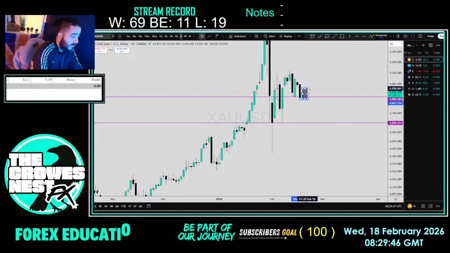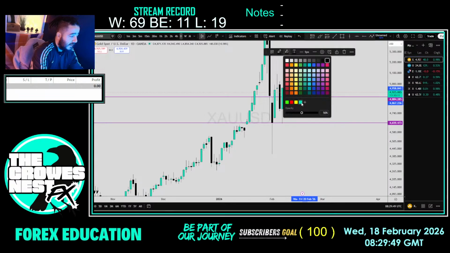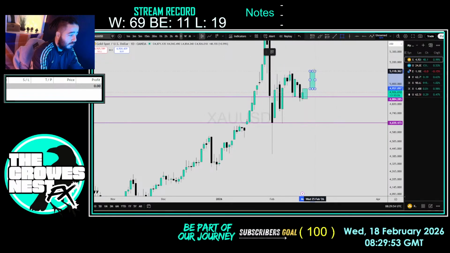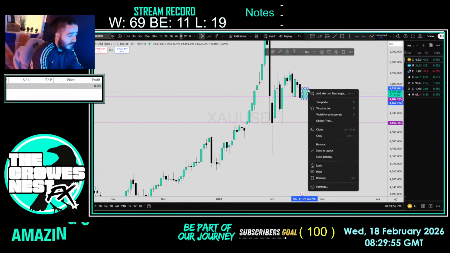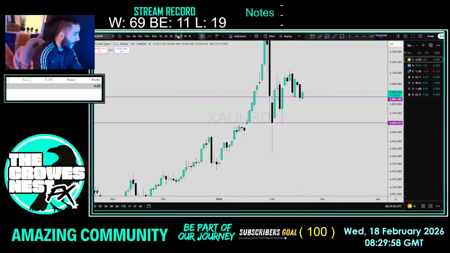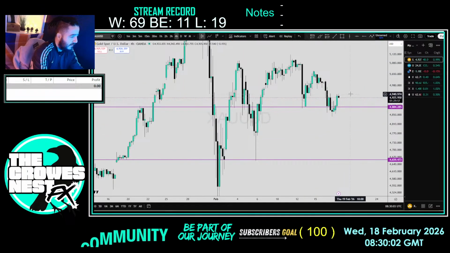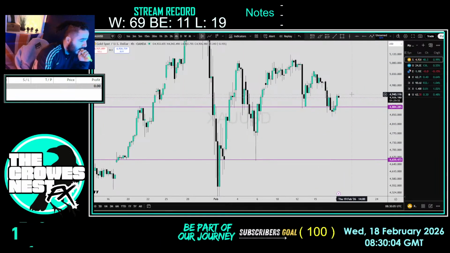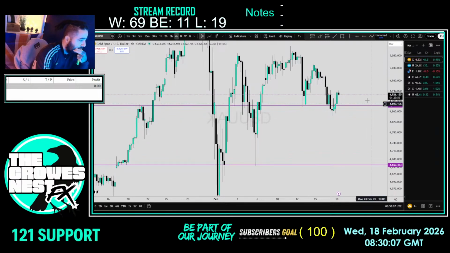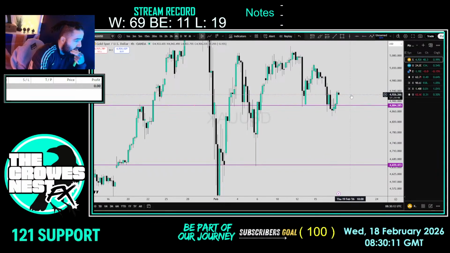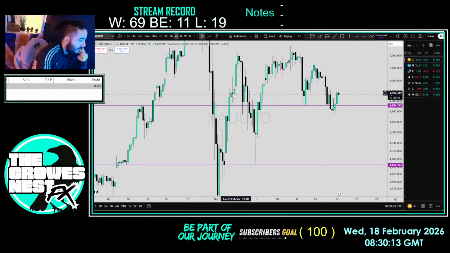Unless the daily closes bullish. If the daily closes bullish, fantastic. Tomorrow should be fairly straightforward. That would confirm that you're probably coming back up. But at the moment, this daily can flip at any point. If this is going to be the fake out candle, you've got to be careful. So if we have a look at what the 4 has done, the 4 hour closed bullish, got no bottom wick on this 4.